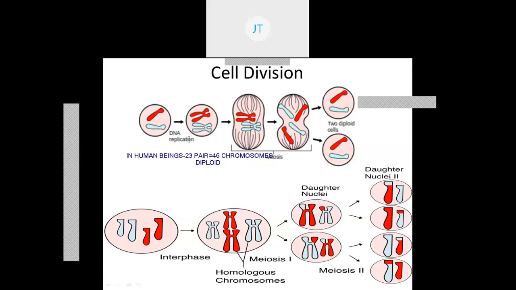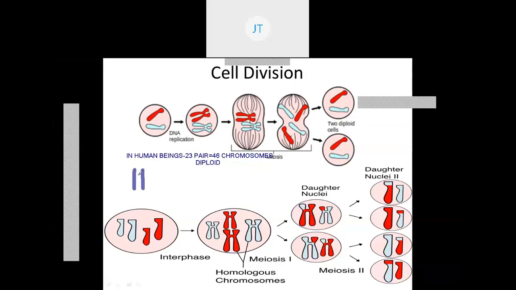There are 23 pairs. Why are we writing in pairs? If there is one copy of a chromosome, the same identical copy is there, and both of them are identical, and because of that we say they are diploid.